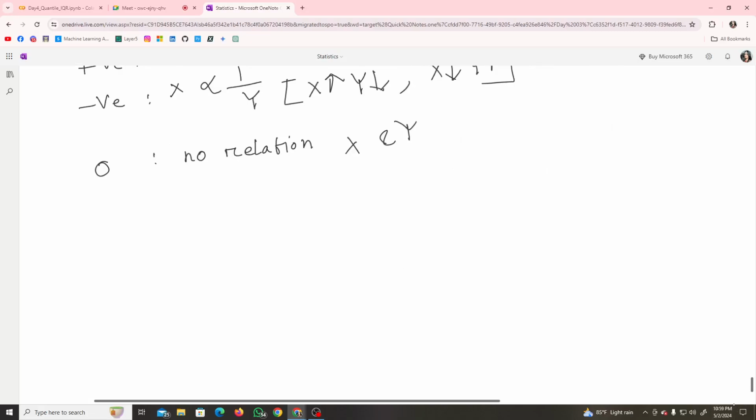Let me quickly tell you, there is no limit, and you cannot find how positive or how negative your covariance is. To fix this, we have the Pearson correlation coefficient. So what was the problem in covariance? We cannot find the magnitude of the relation.